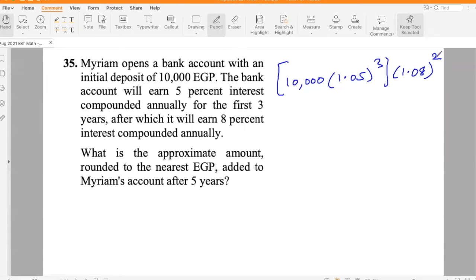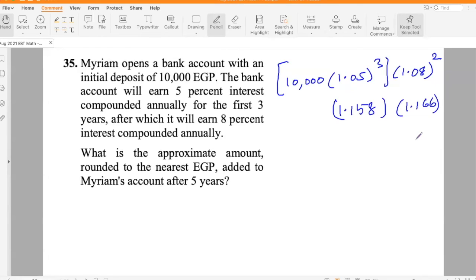1.05 cubed, 1.05 to the power 3, so that's 1.158. And 1.08 squared, 1.08 to the power 2, is 1.166, right?